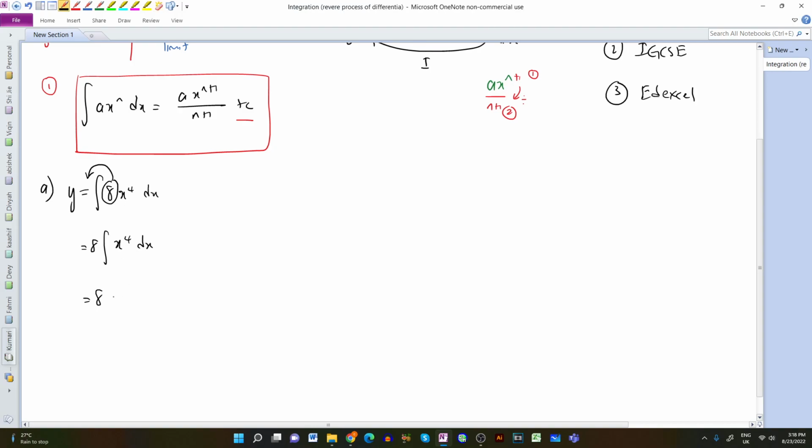The formula is x to the power 4 plus 1, divided by 4 plus 1, which is actually 5, plus c. So you want to rewrite it back again as 8 over 5. This is the answer. Okay. Copy A and try to do B now.